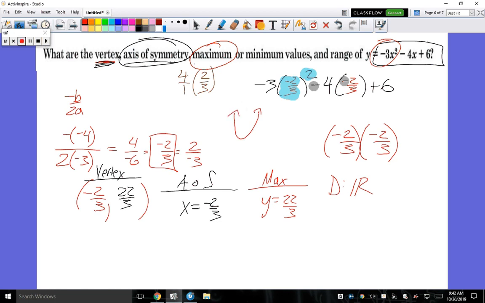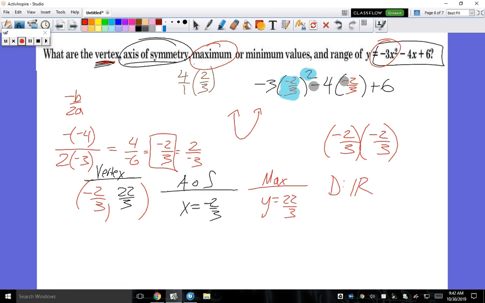Let's say you didn't know it looked like that. Think about this. Why would the domain be all real numbers?